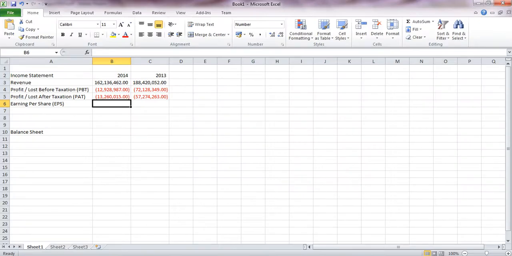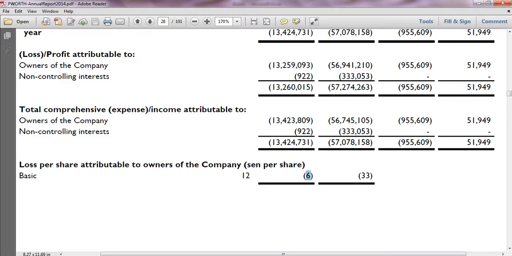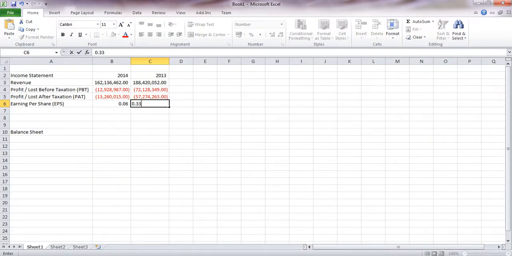So basically for this one, always put 0.06 because it represents cents. Cent, this one is Malay, in fact sen, so 33 cents is 0.33. And of course don't forget to put the sign there, otherwise you'll be confused. Which means that this is worth negative 0.06.